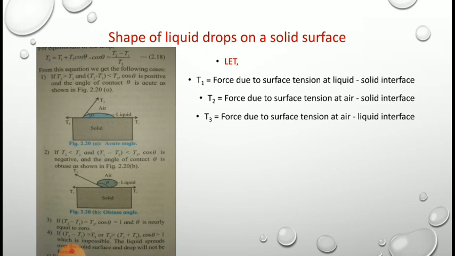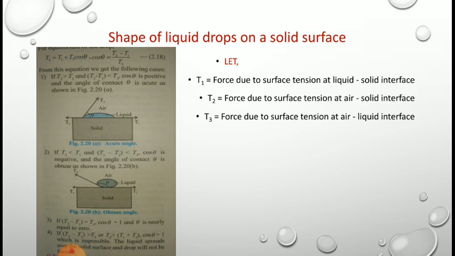Second case, if T2 is less than T1 and T1 minus T2 is less than T3, in that case cos theta is negative and the angle of contact theta will be obtuse as shown in figure B. Third case, if T2 minus T1 is equal to T3, then the value of cos theta will be 1 and theta is nearly equal to 0.